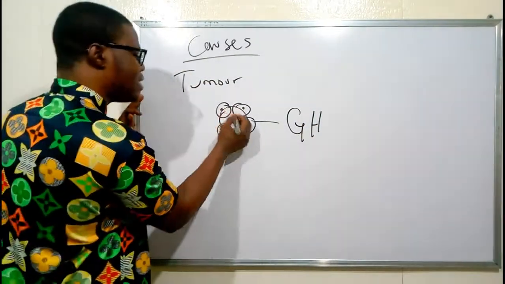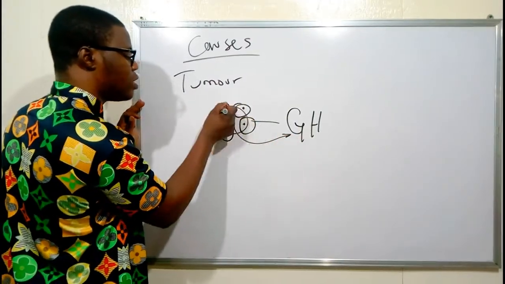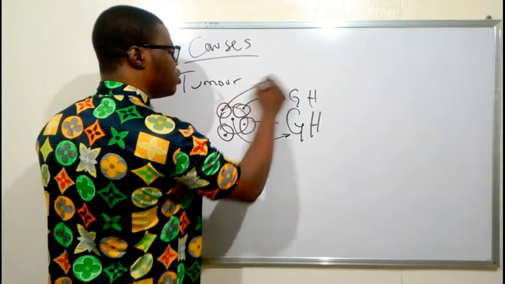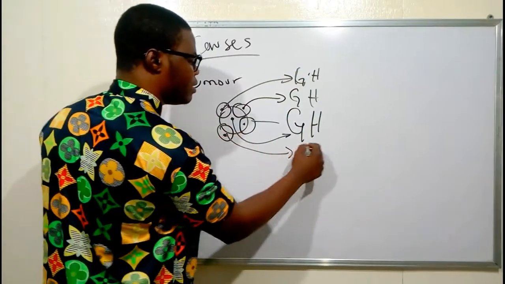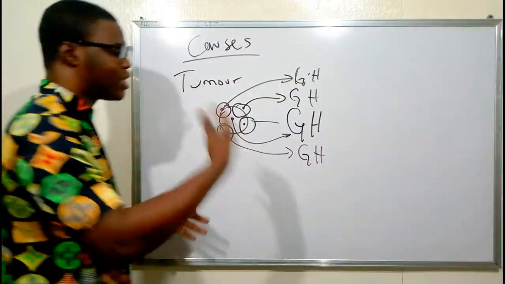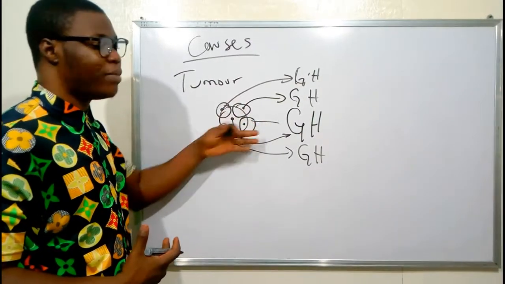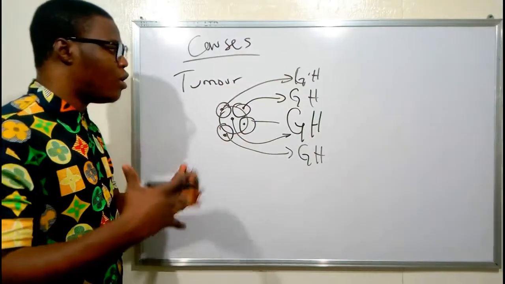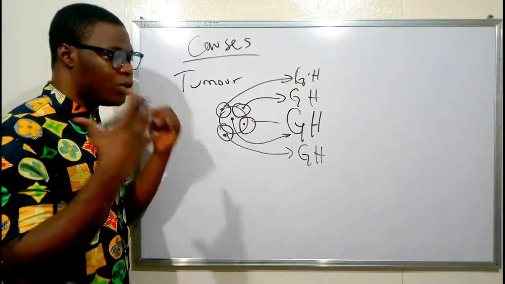It means instead of this single cell secreting growth hormone, all these cells are going to be secreting growth hormone. This is going to lead to oversecretion. These are called the somatotropes. They are going to be secreting more growth hormone than what the body needs.